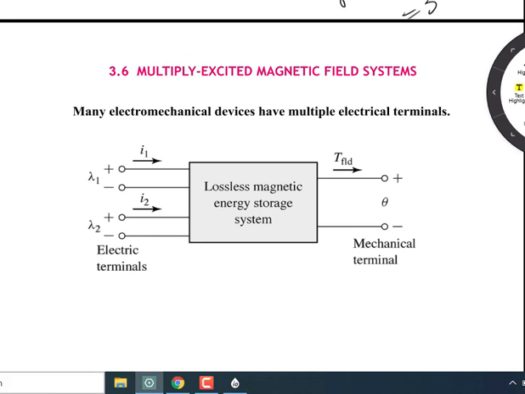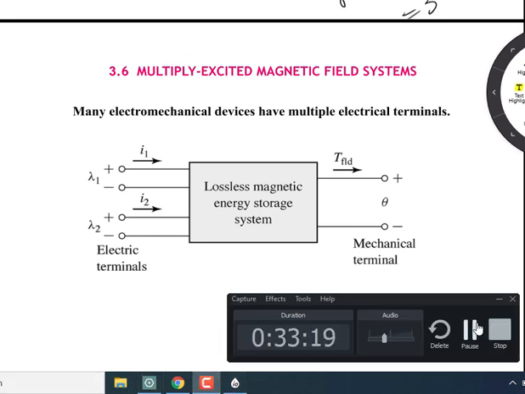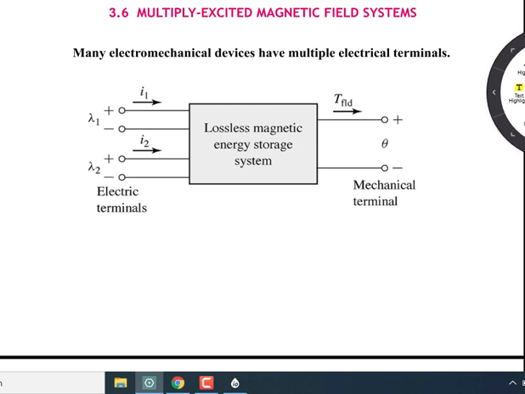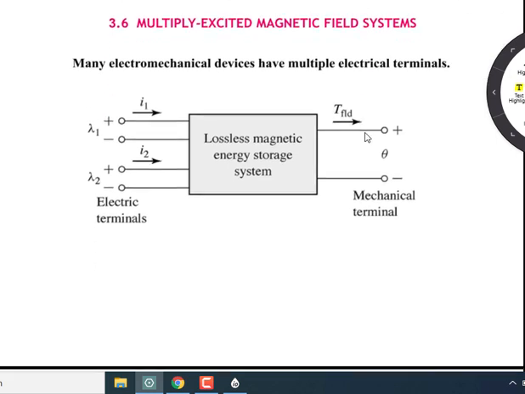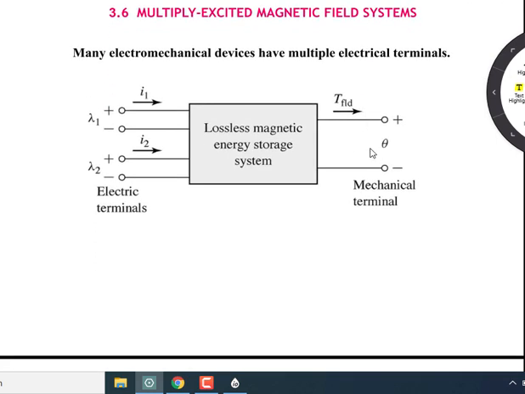Here what is important is that in many machines we can find two different excitations. One thing you have observed is that we are considering only one output.